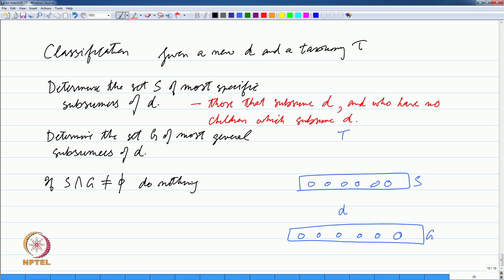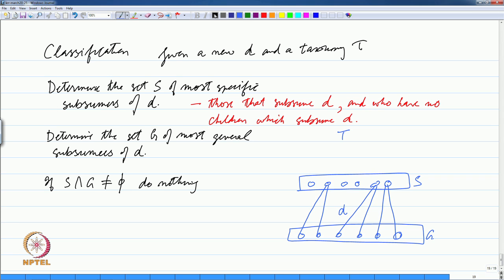Now, it is possible, not only possible, it is very likely that they will have links going from those elements to these elements, because before we inserted D into the taxonomy, they had children, and some of those nodes in G would be children of those nodes in S essentially.